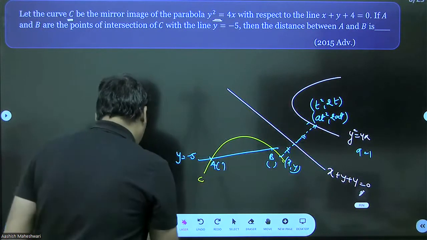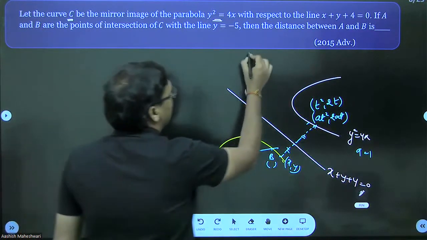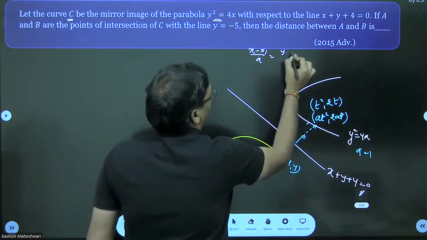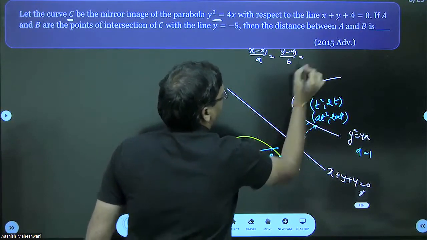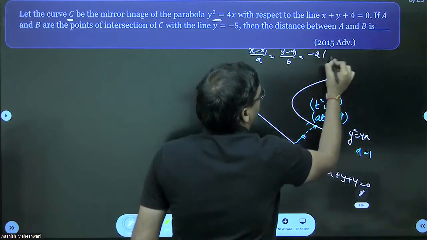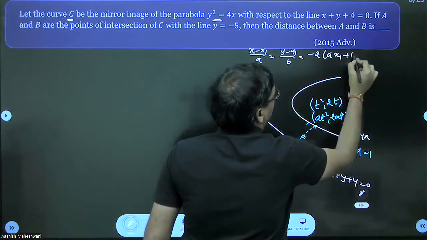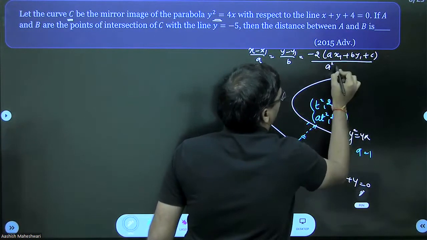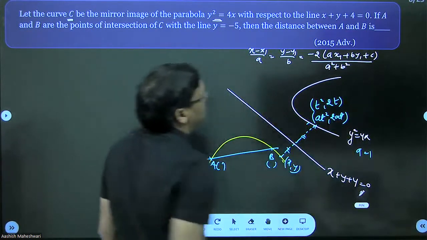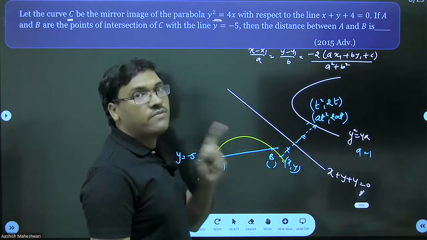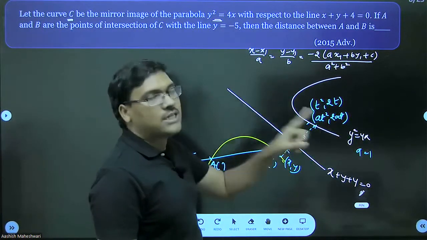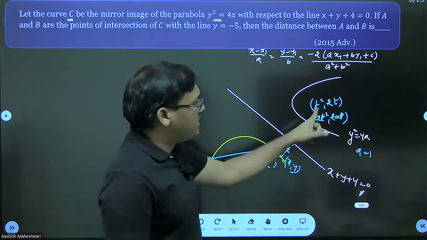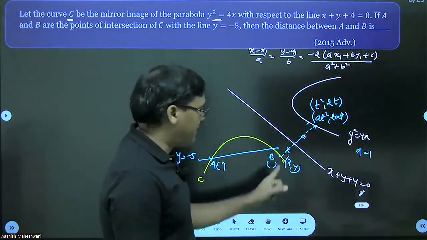So what is the mirror image formula? I'll just quickly write this: (x minus x1) upon a equals (y minus y1) upon b equals -2(ax1 plus by1 plus c) upon (a square plus b square). If you have to write the mirror image of x1, y1 about the line ax plus by plus c, you can use this. So what is the mirror image of t square comma 2t, that is x comma y?